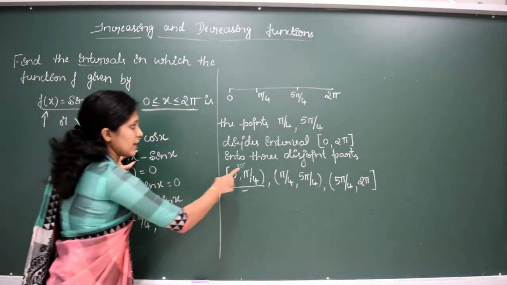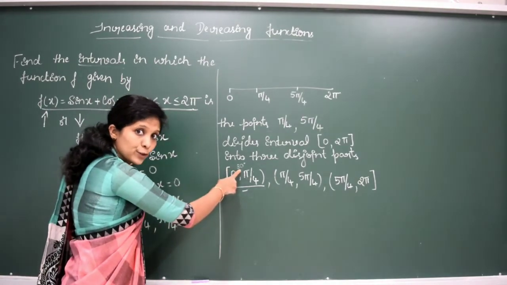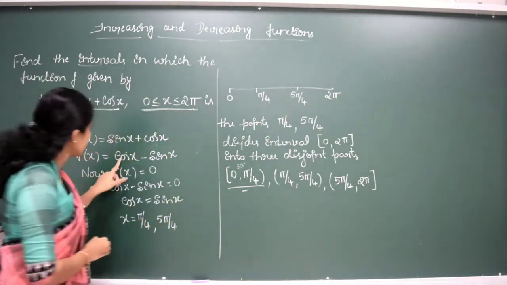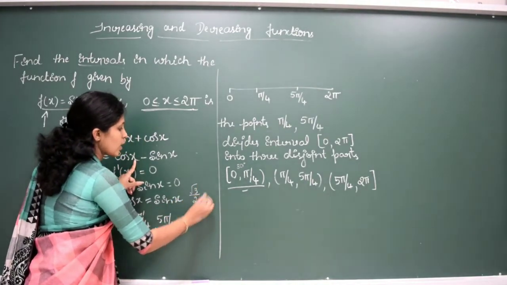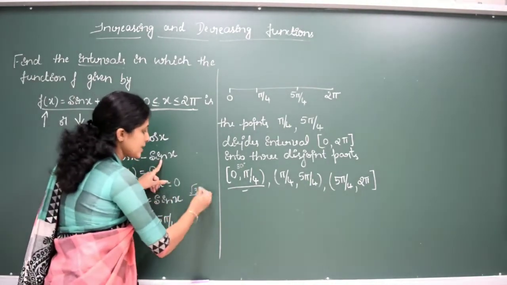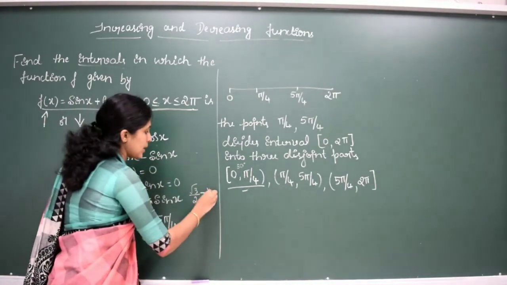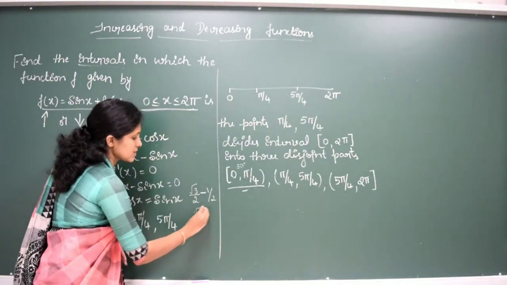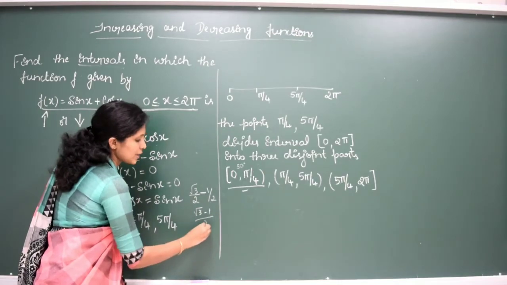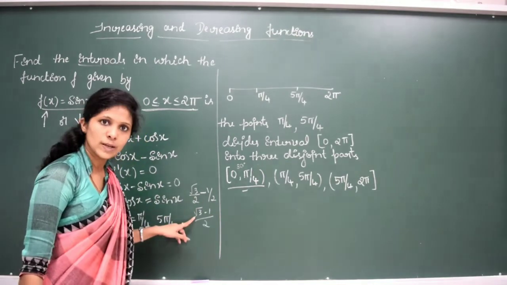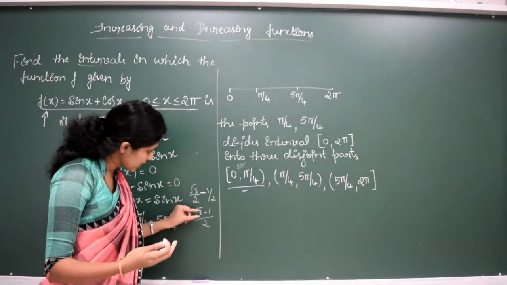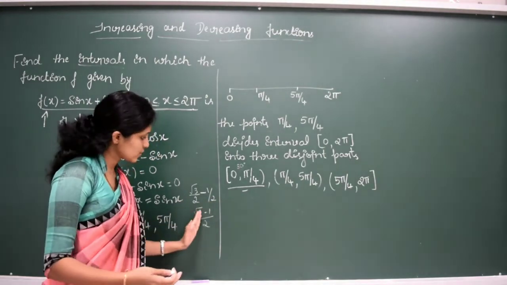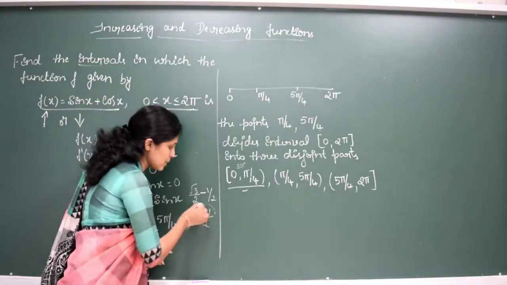We'll check with another value, 30, right? If you substitute the 30 degrees, here cos 30 degrees will be root 3 by 2, right? Cos 30 is root 3 by 2 minus sin 30, which will be 1 by 2. If I subtract, root 3 minus 1 divided by 2. What is the value of root 3? It is 1.7 something, right? So it is more than 1. So 1 is subtracted from it, so obviously this will be positive.